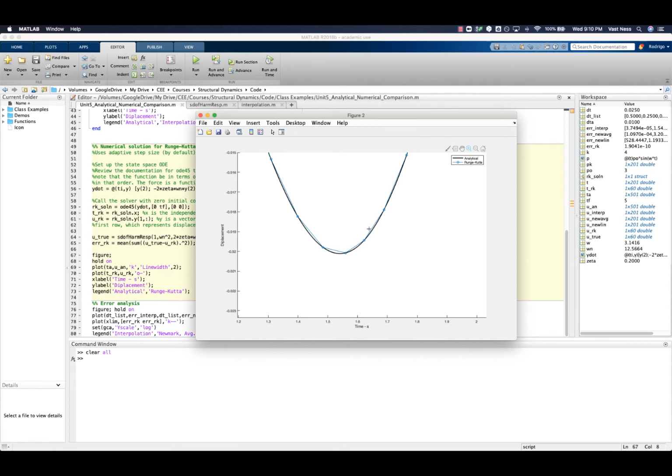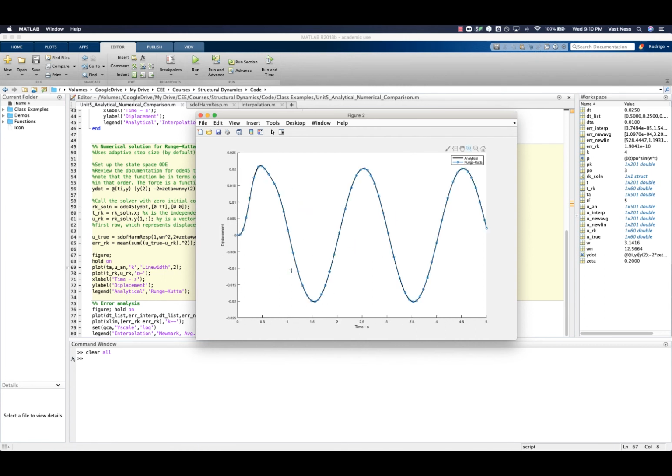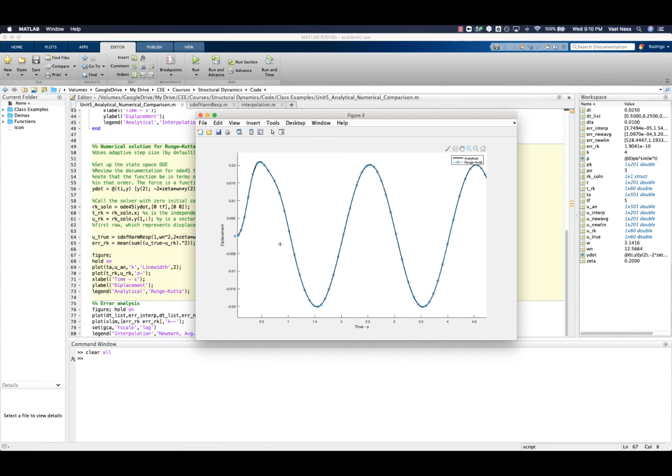In other words, the slope of the displacement is changing rapidly. In cases where the slope is basically constant, we see that the step size actually becomes a little bit larger. And so this is one of the nice features of the Runge-Kutta method.